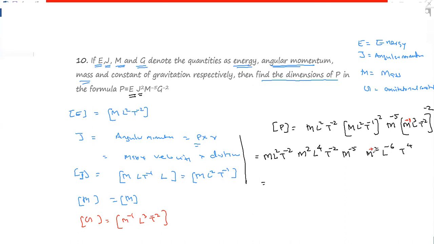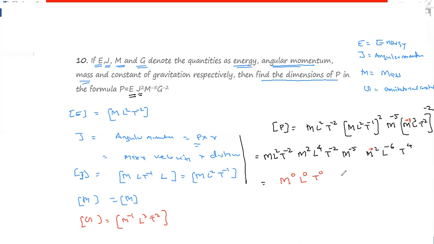Then M raised to 2 gives M raised to 5, and here is M raised to minus 5. So it is M raised to 0. And L square into L raised to 4 becomes L raised to 6, and here it is L raised to minus 6. If you add, you will get L raised to 0. And T raised to minus 2, T raised to minus 2 becomes T raised to minus 4, and here we have T raised to plus 4.